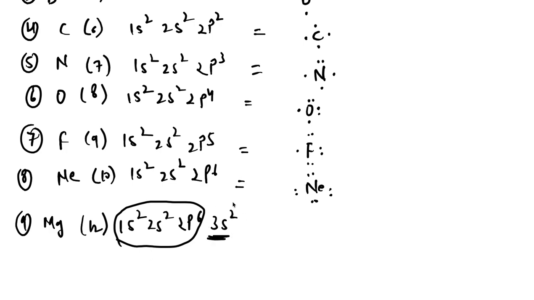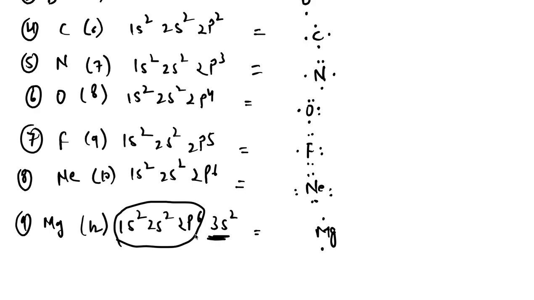So I am going to represent only these two electrons, not the rest. Magnesium can be represented like this. This is the beauty of the Lewis structure: we only represent the outer shell electrons, not the inner shell electrons. Please try to remember this.